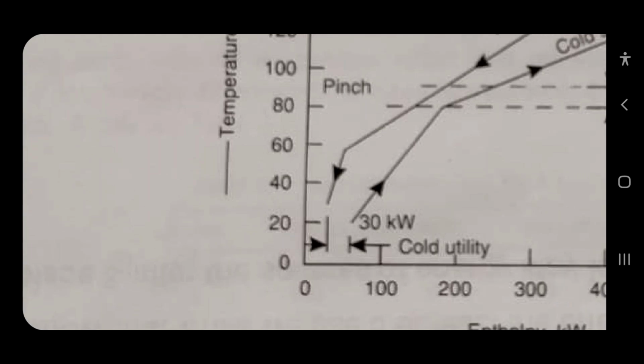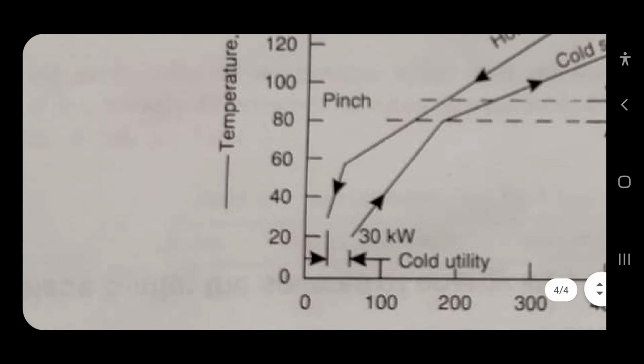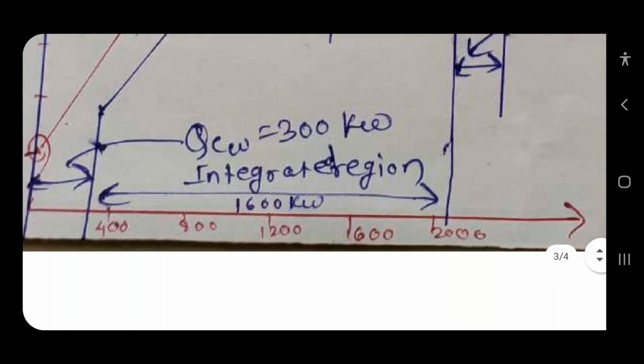Here, according to our problem statement, QCW is 300. I can use multiple coolers, but keeping the heat duty at 300 kilowatt. So I can use two coolers of 150 each, or I can use three coolers of 100. The cooler is nothing but providing an external cooler in the process flow diagram.